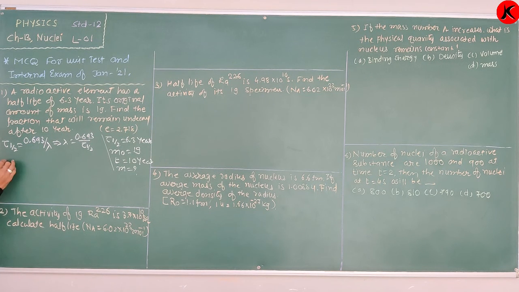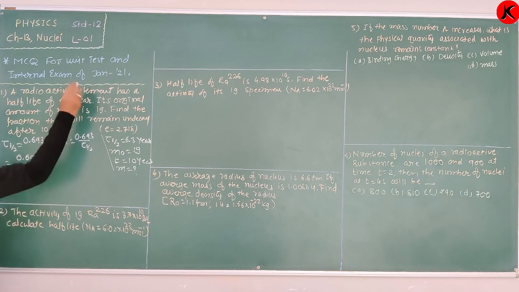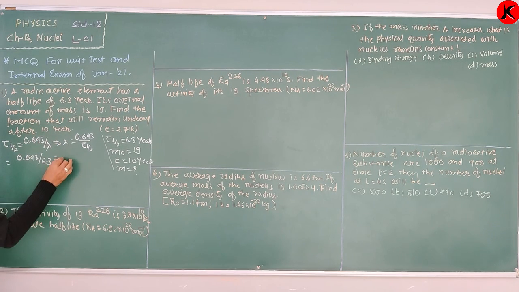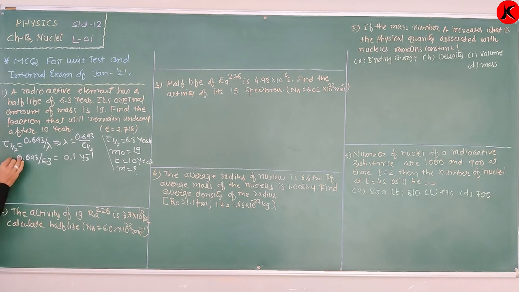Substitute the value of tau half, so 0.693 upon 6.3, which is approximately 0.1 year inverse. Thus we obtain the decay constant lambda equal to 0.1 year inverse.